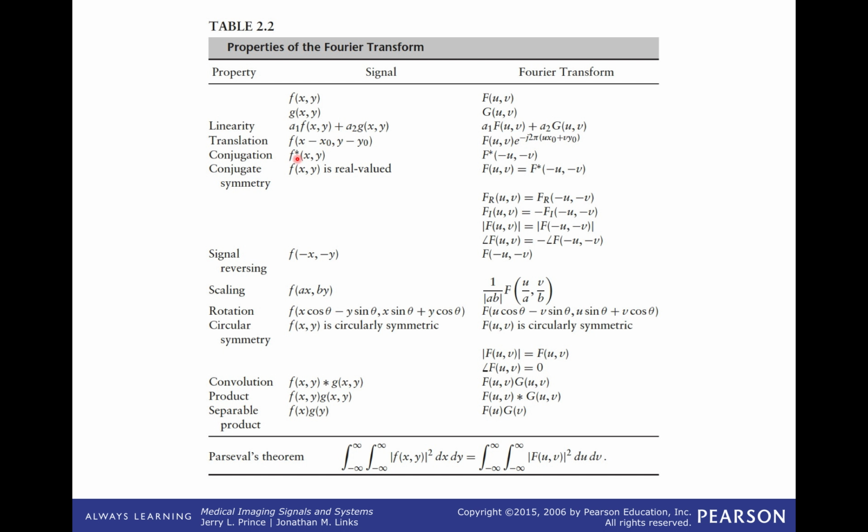If you take the conjugate of a complex function here, it's the conjugate in the Fourier space, but reflected around the origin. Okay? Then anything that is conjugate symmetric, so if I take the conjugate of something and it's equal to itself, like here, then it's a real valued function. Its Fourier transform is a real valued function. So that tells you if you have a real object and you take its Fourier transform, you know the Fourier transform will be conjugate symmetric, right?